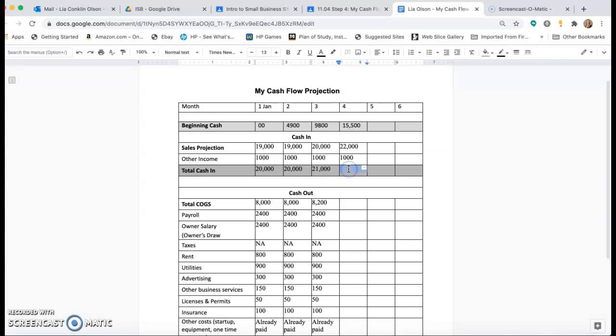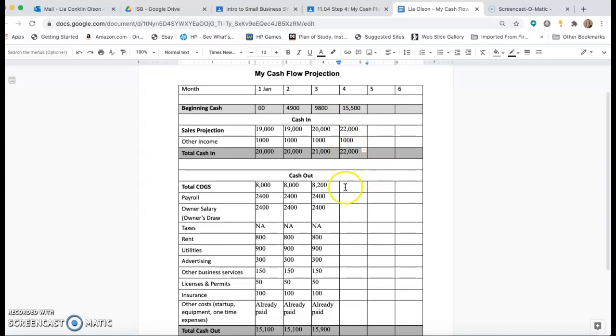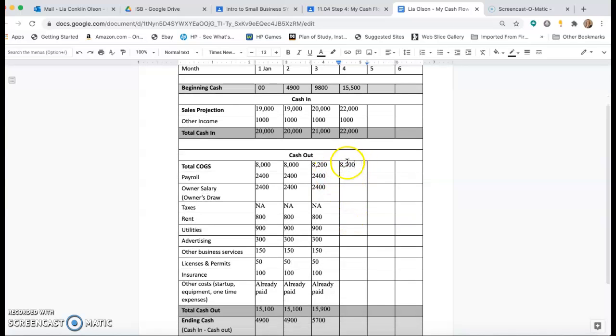And then my numbers are going to continue to shift if my business is going well. I'm projecting that my business is going to continue to have better sales. My COGS are also always going to increase when my sales increase. So that number is going to come out.